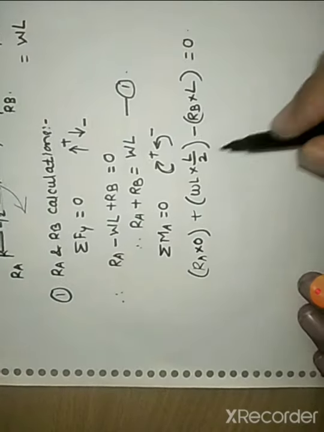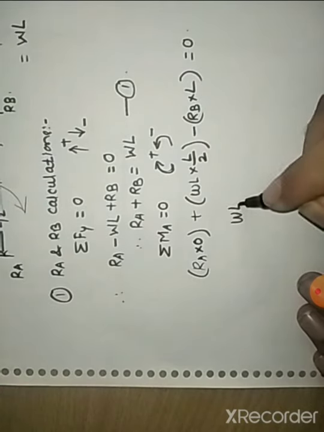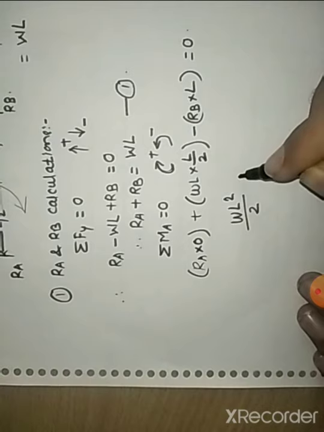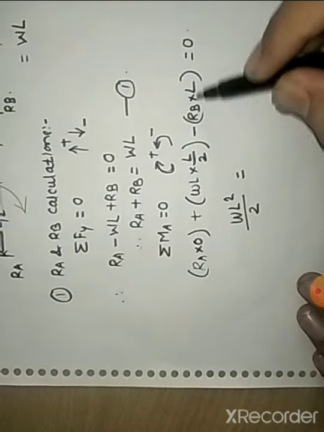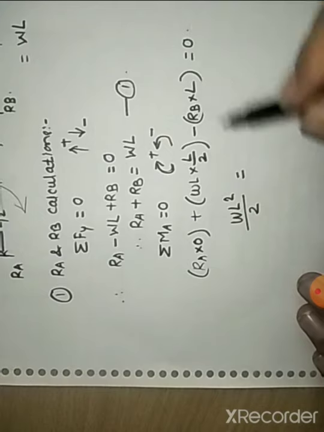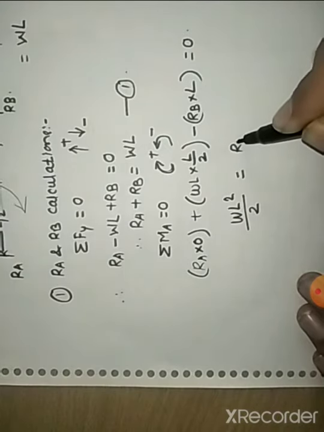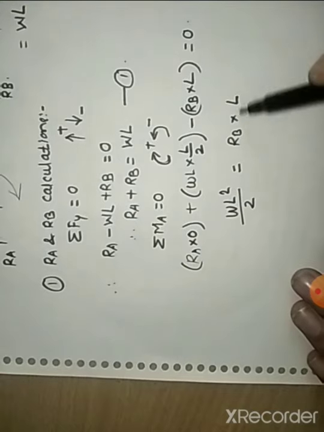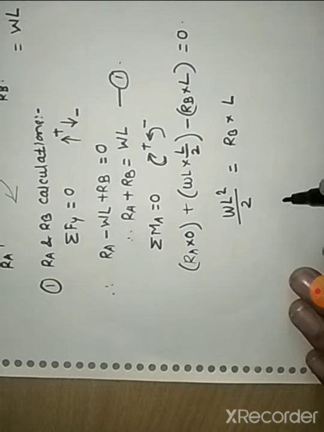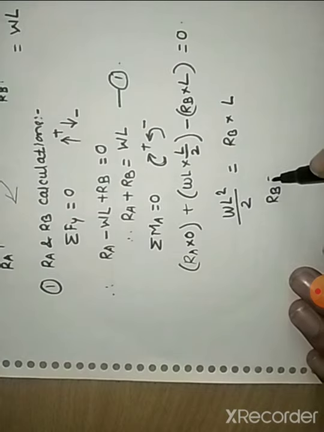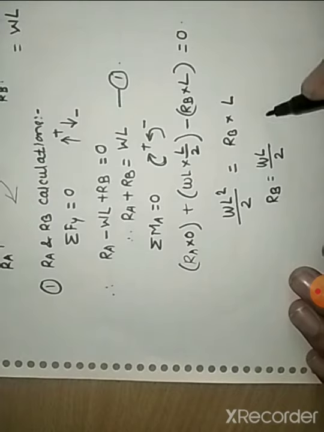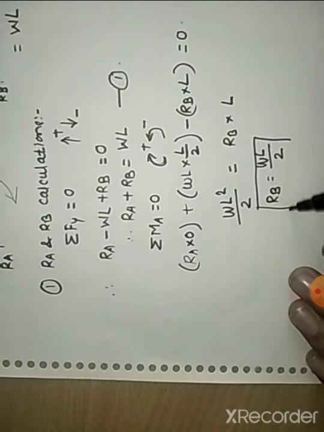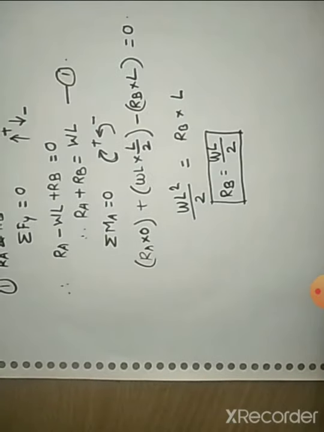Okay, so it will become WL square by 2 is equal to RB into L, as this comes to this side and becomes positive. Now L will go to this side and divide. So RB will be equal to WL square by 2L. L will get cancelled, so the value of RB comes as WL by 2.